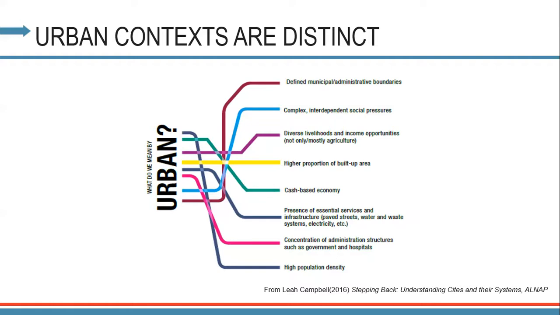These are defined municipal administrative boundaries, complex interdependent social pressures, diverse livelihoods and income opportunities, higher proportion of built-up area, cash-based economy, a presence of essential services and infrastructure, concentration of administration structures such as government and hospitals, and high population densities.